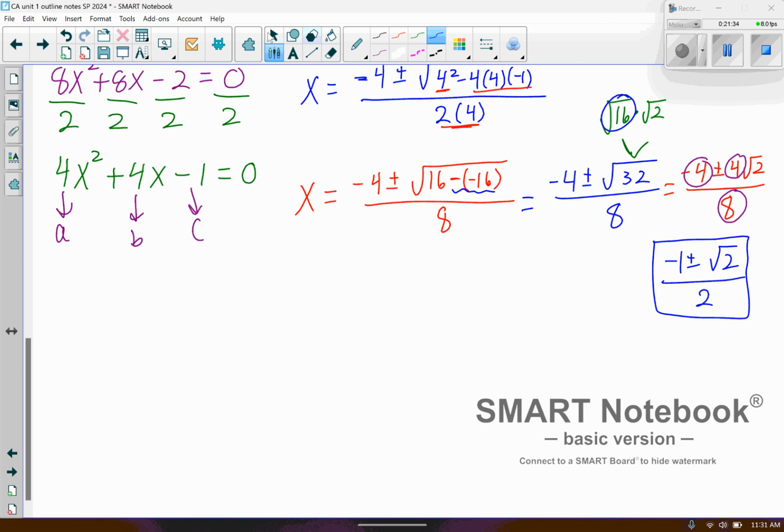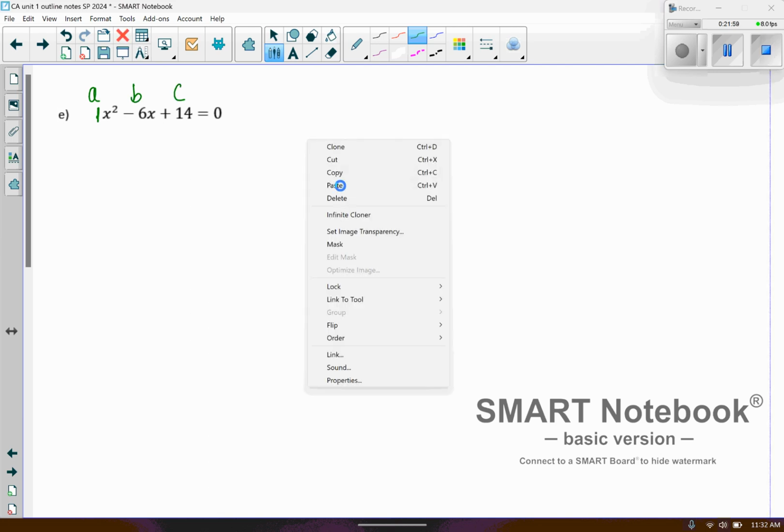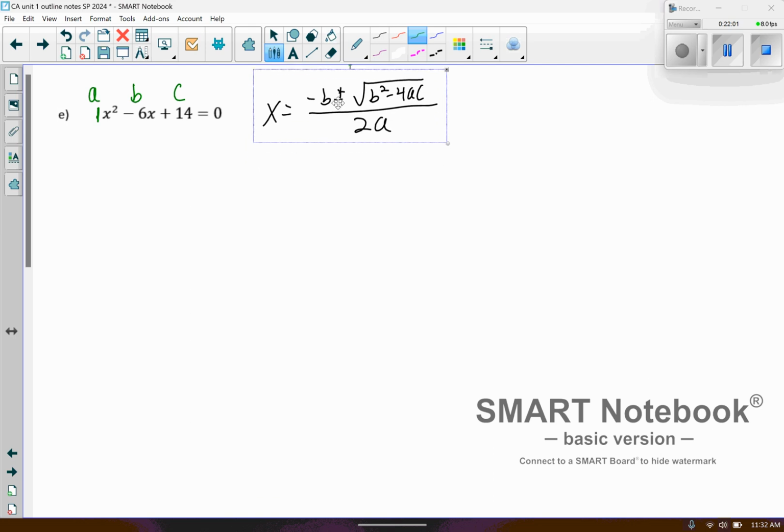Okay, I think I got one more slide. Okay, so this one looks like it's ready to go. And I believe these last two examples, we're going to have to deal with the complex numbers. We're going to have imaginary solutions here. So right here, this is going to be my A, this is my B, this is my C. Let me go ahead and put up the quadratic formula right there.